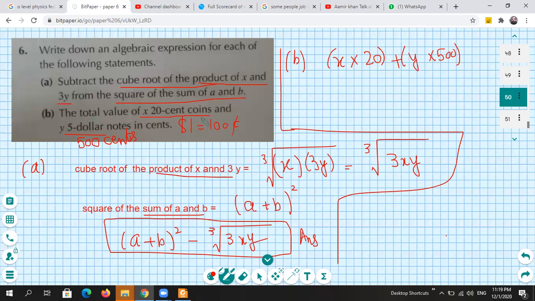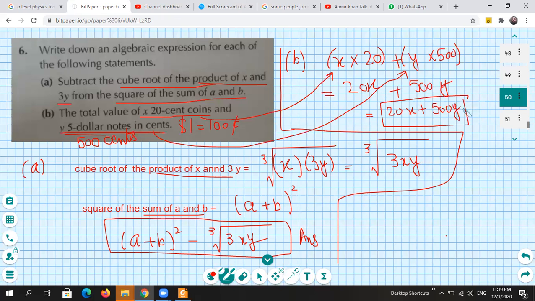So this is x multiplied by 20, and y $5 notes will be this. So equal to 20x, 20 into x gives you 20x, plus 500 into y gives you 500y. So this is your final answer, 20x plus 500y. Answer of part B.